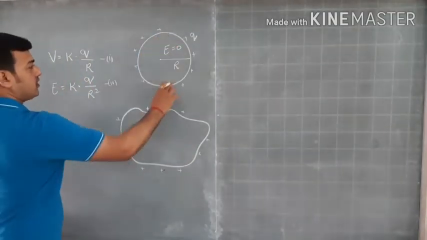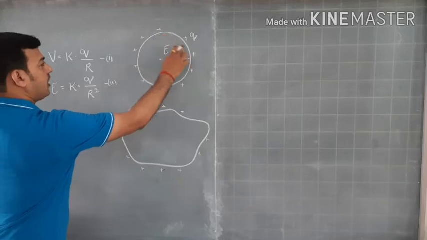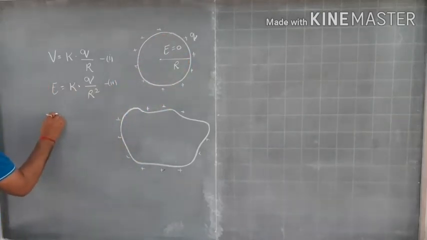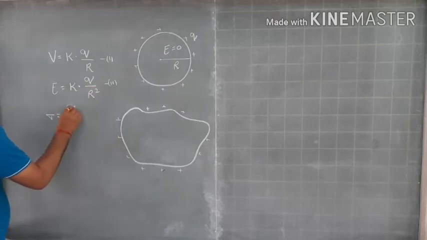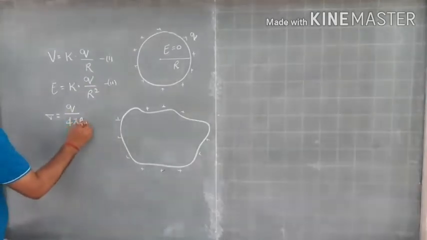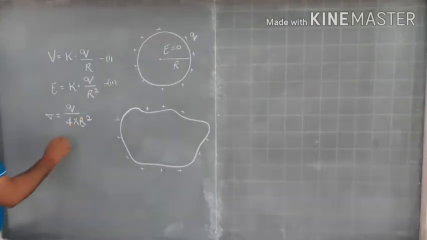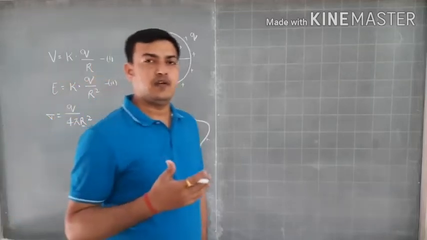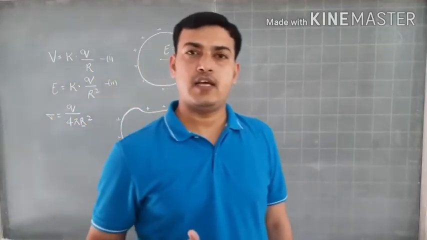Now, just see the previous one. If I have a shell, then the charge density can be calculated by charge divided by the surface area. Since the radius is the same, the charge density will also be the same for a spherical shell.